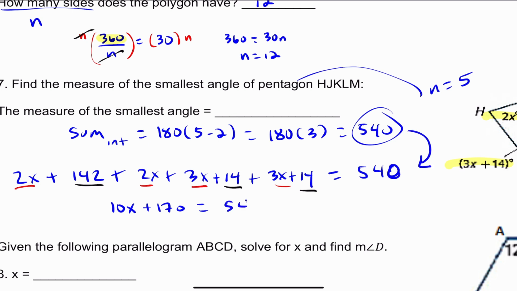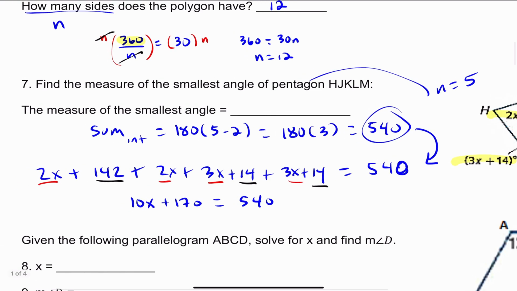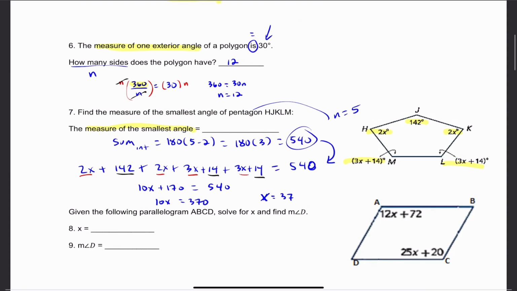Now I'm going to do my algebra. I get 10x is equal to 370, so x is 37. I'm not done though, because I have to find the measure of the smallest angle.